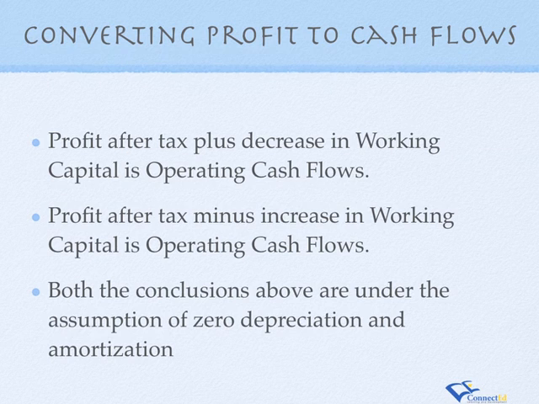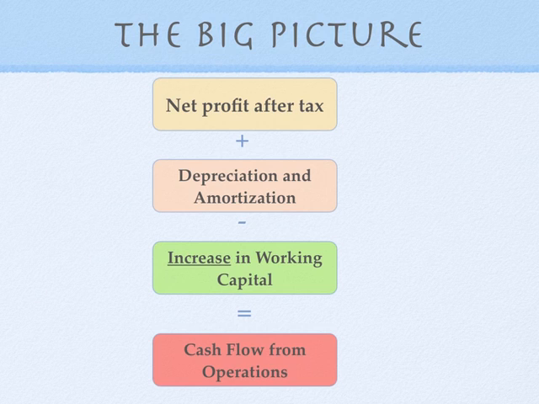Now, of course, the conclusions above are based on the assumption of zero depreciation and amortization, but we can take the working capital change and the depreciation and amortization together in order to arrive at this big picture. So we start with the net profit after tax and we add the depreciation and amortization. We subtract the increase in working capital and we arrive at the cash flow from operations.